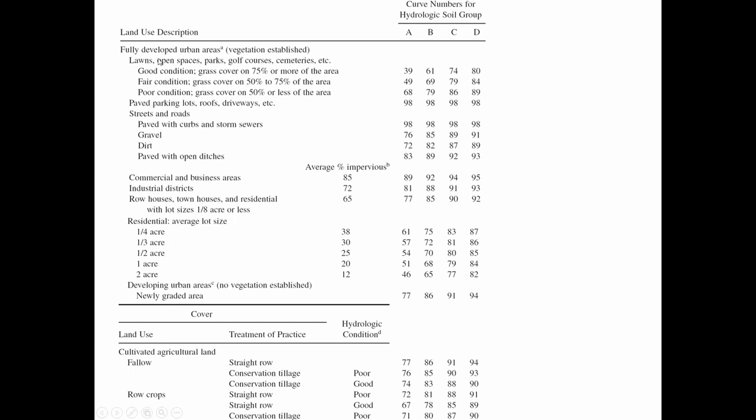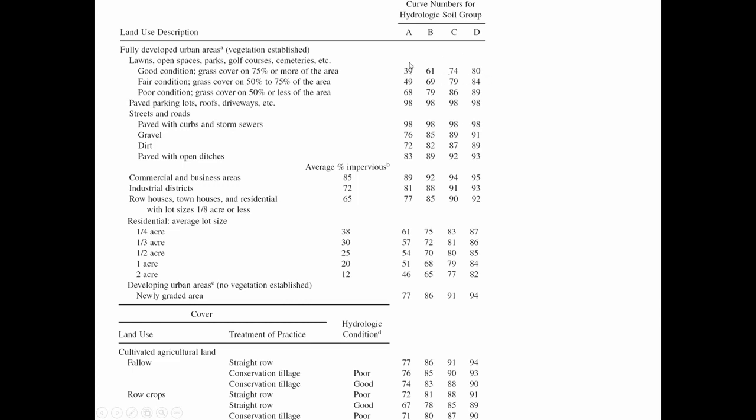And so you can see, for instance, that in an urban area that has lawns that are in good condition, you would go over here, and here's a description of what they mean by good condition, that the grass is covering 75% or more of the area. So depending on what soil is underneath that grass, the curve number is going to vary.